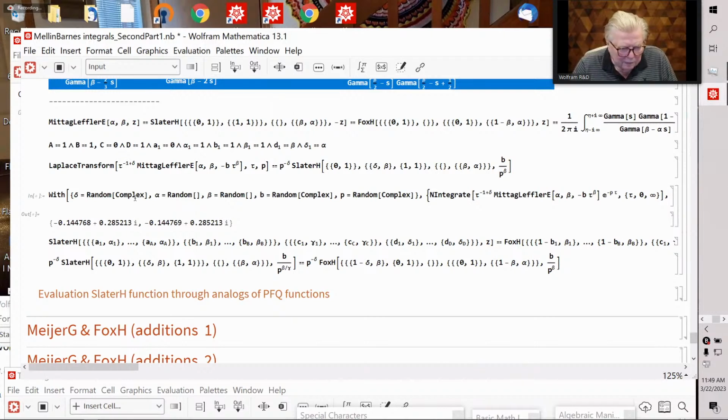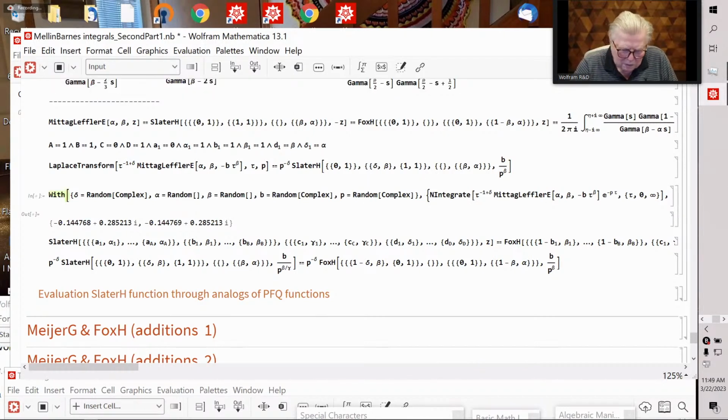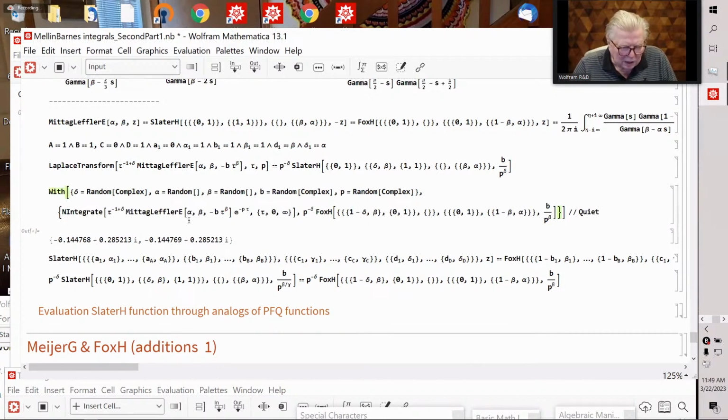Here I evaluated example. You see, here with respect to delta, we have Mellin transform of Mittag-Leffler multiply on this one. With respect by P, we have Laplace transform of this function.